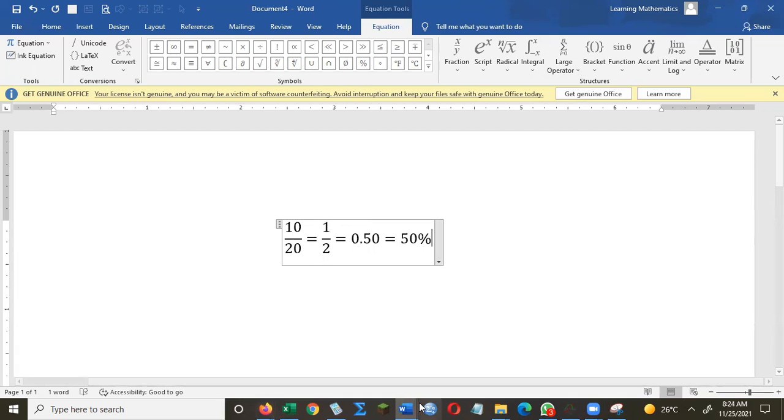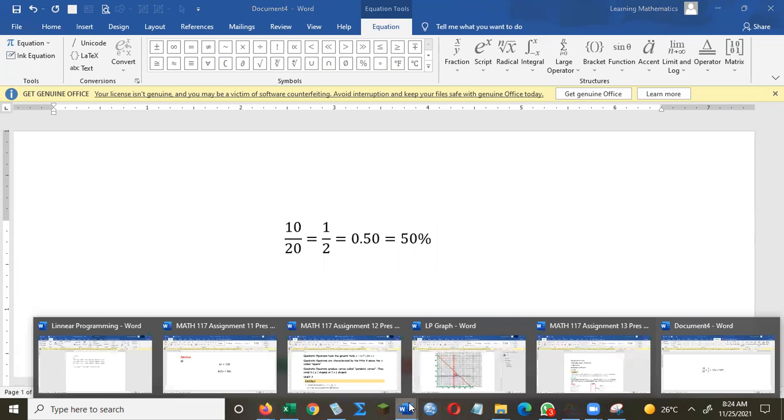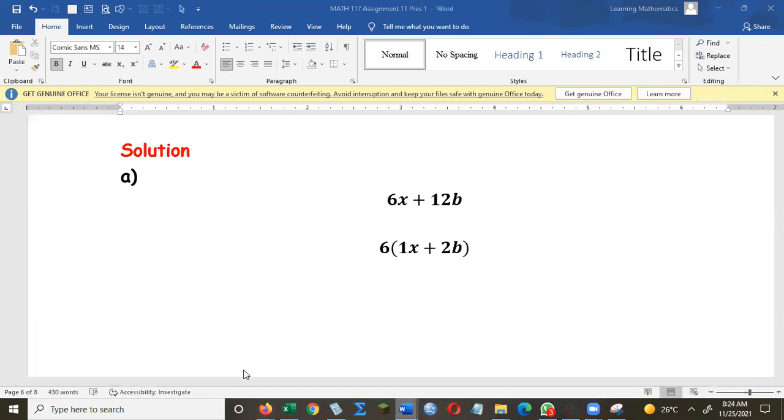Something similar is happening when you are factorizing. It's the same expression, but it looks differently. So that's why the 6 must be there. Because if we have, we should be able to go back to 6x plus 12b.